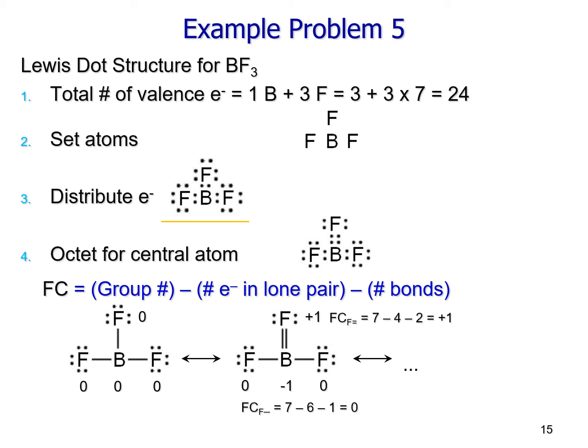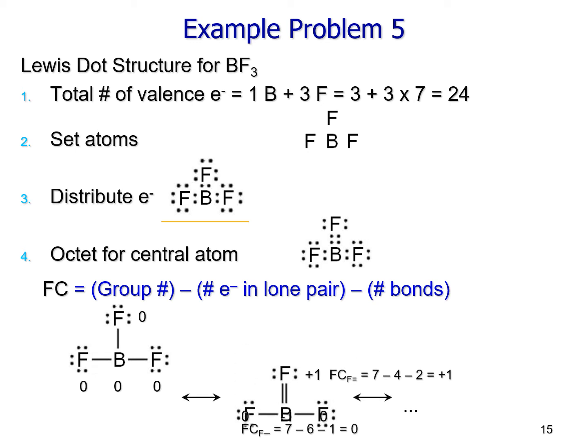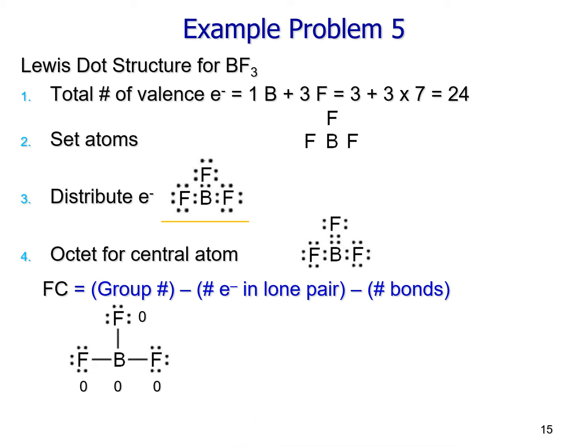Between these two, which one is the most favored, most preferred one? Of course, remember, the more 0s, the better. Boron trifluoride will stay in this particular loose structure as the most preferred, in which boron does not have an octet, because this is the most favored according to our rules in picking the resonance structure.